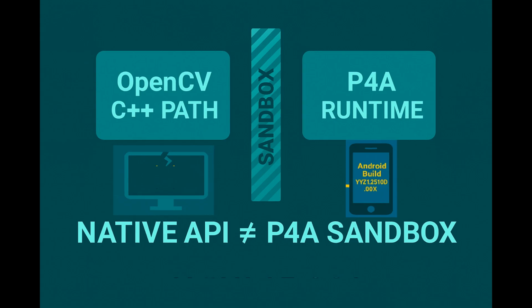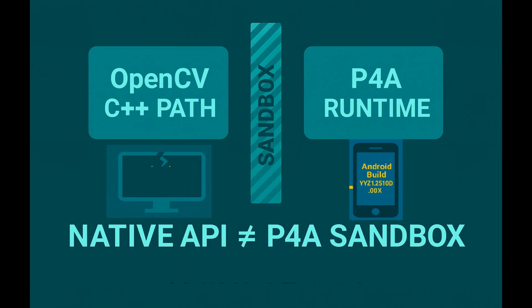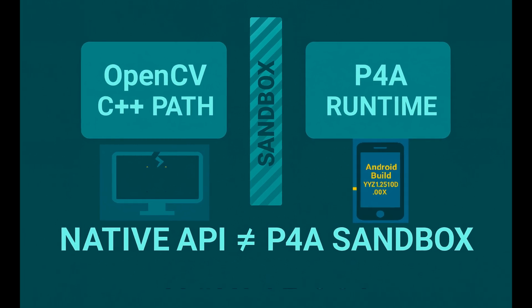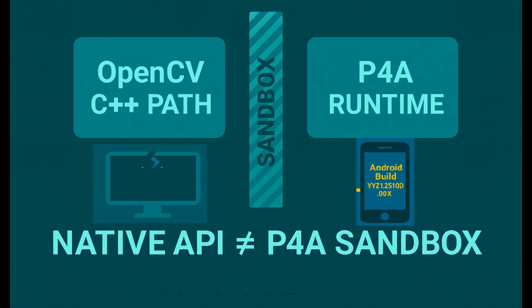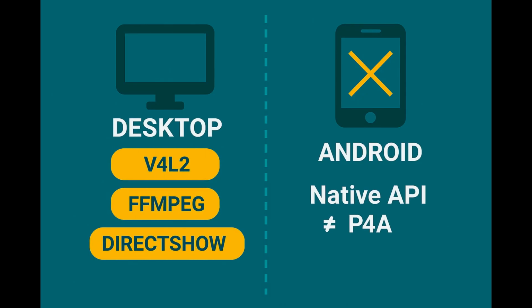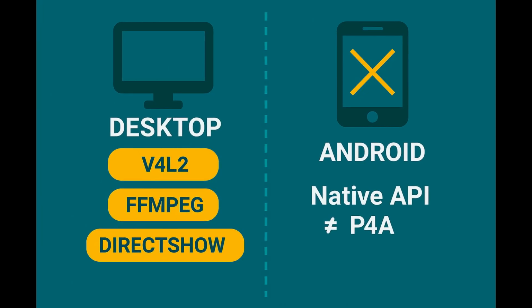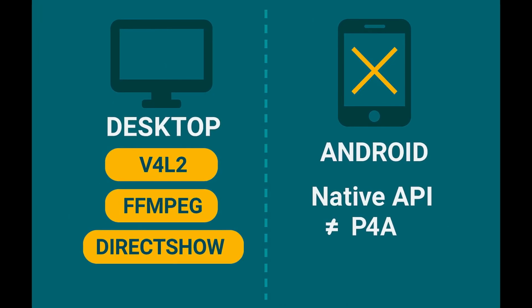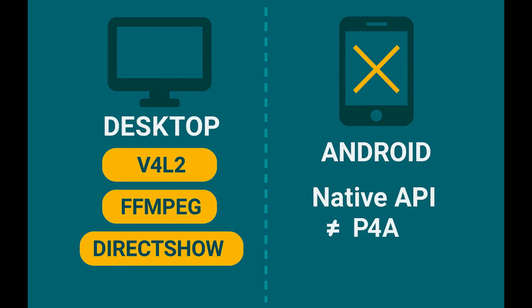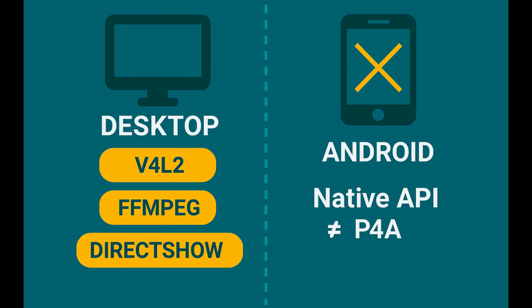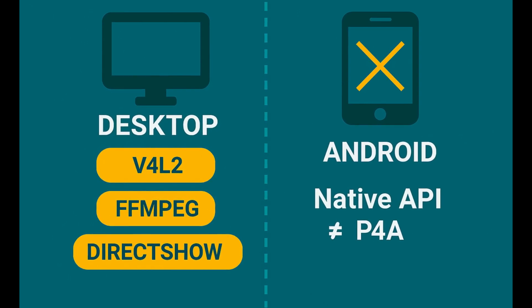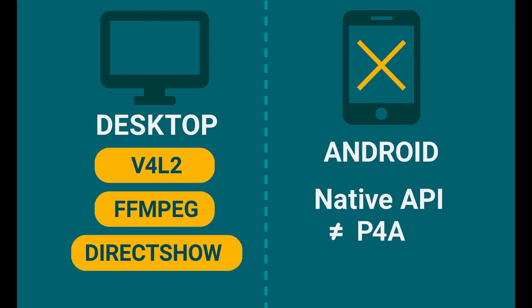OpenCV's Video Capture API was designed for C++ layers that connect to camera drivers and media codecs natively. On desktop systems, those backends are available: V4L2, FFmpeg, DirectShow. But Android is different. Python for Android doesn't compile or expose those backends by default.